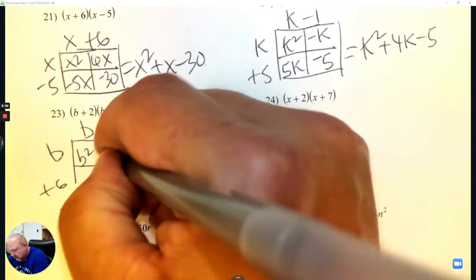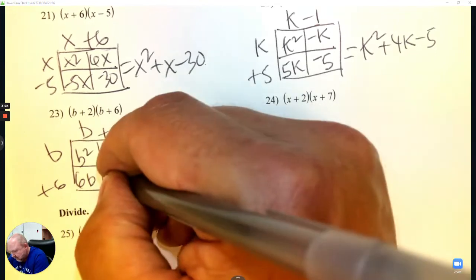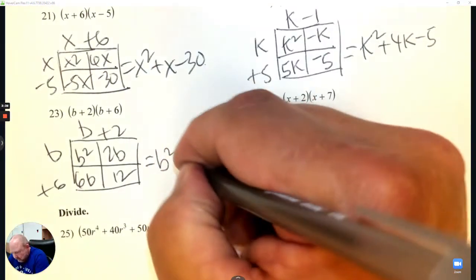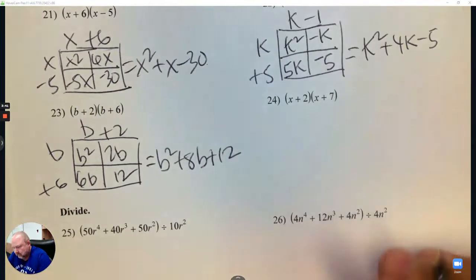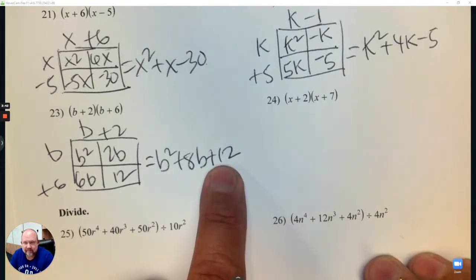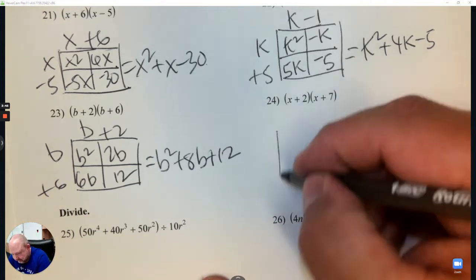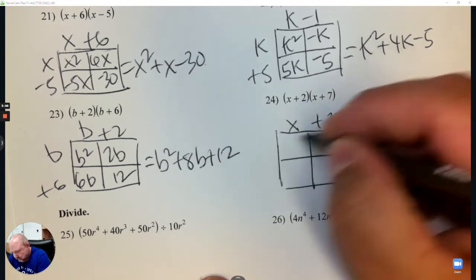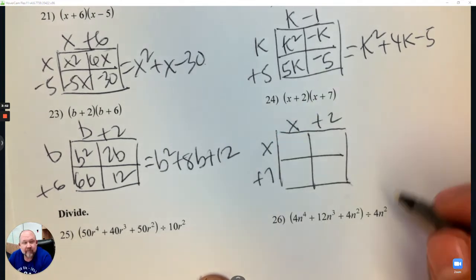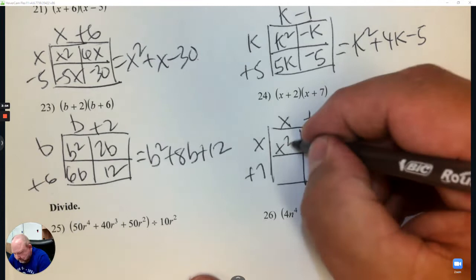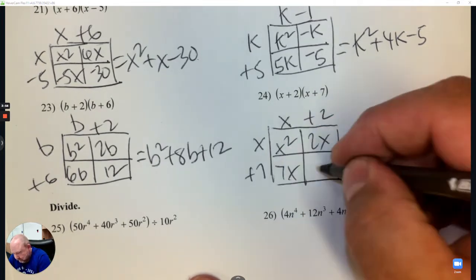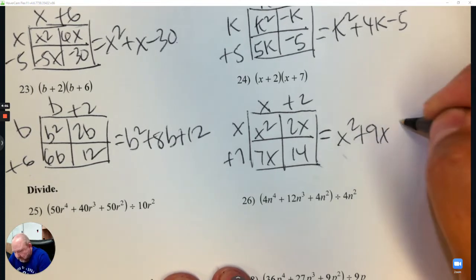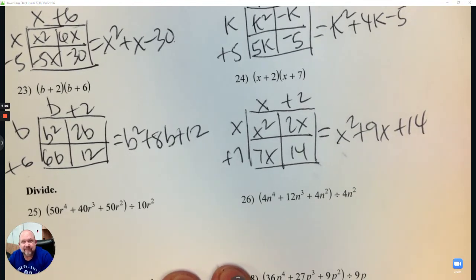That's b squared, 2b, 6b, and 12. And then combine, and we got it. Okay, multiply. Now multiply this out. And then add it up, and you have your answer.